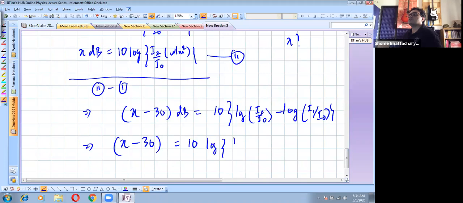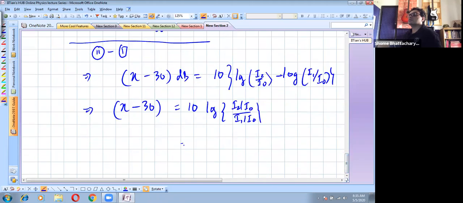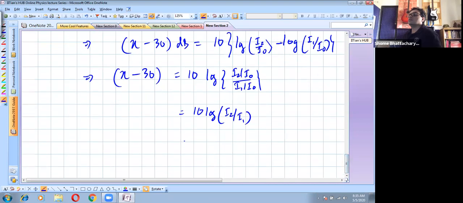So this becomes this divided by this, which further becomes this, which becomes this, because I2 was double of that. Now you take log 2 approximately as 0.3.